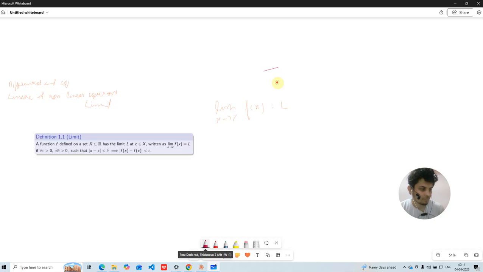Yeah, this one's better. As x, meaning what does that mean? As x gets closer to c, f(x) gets closer to L. When x gets closer to c, f(x) gets closer to L.